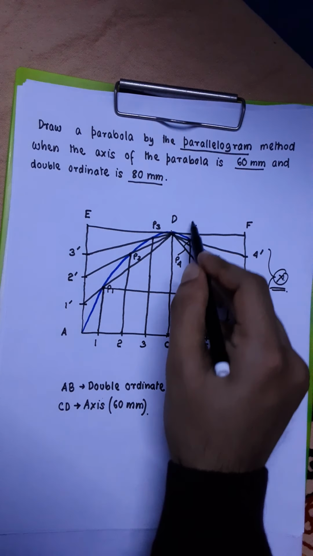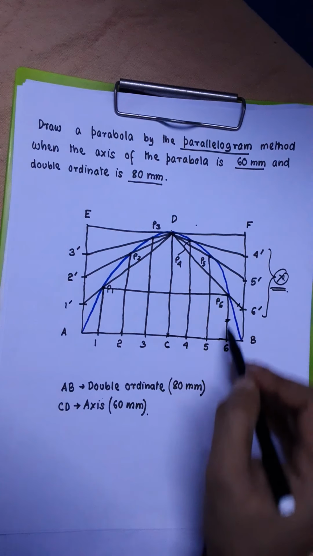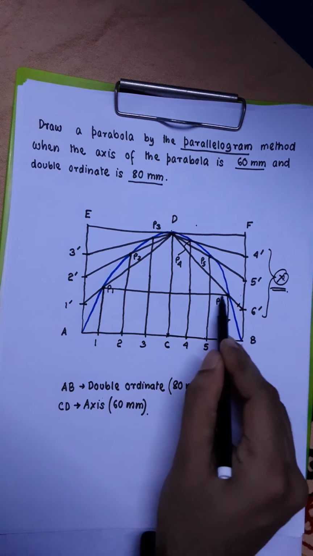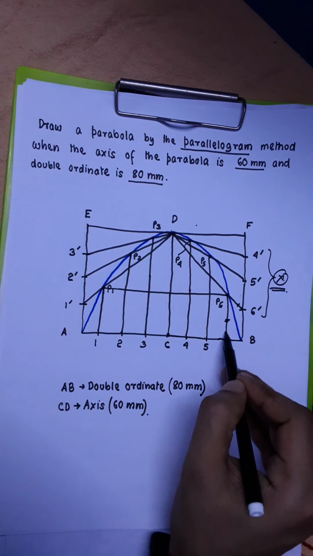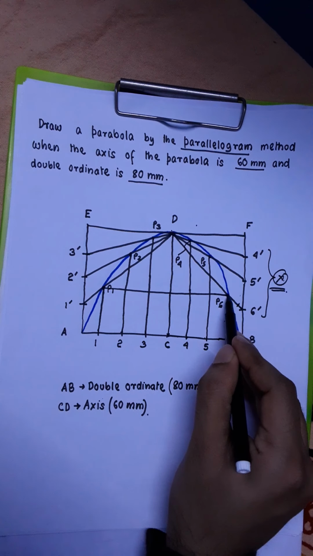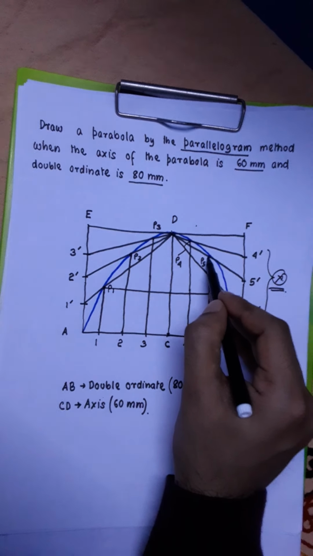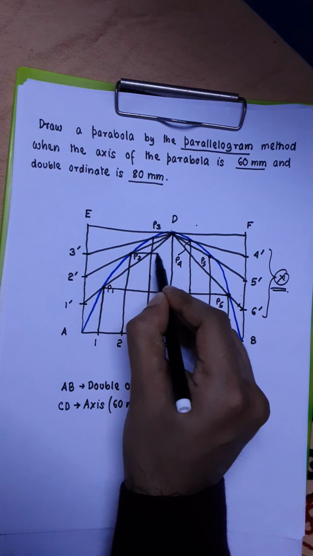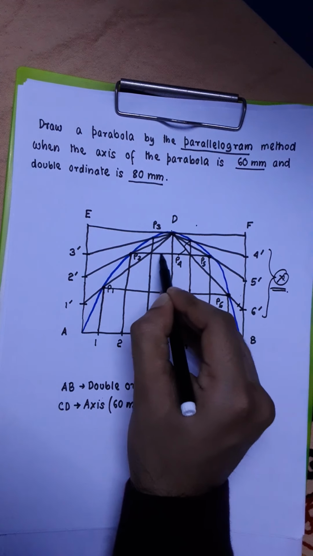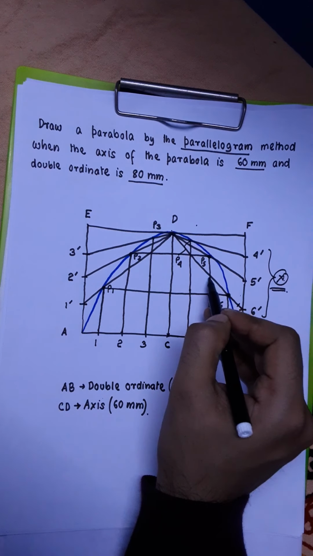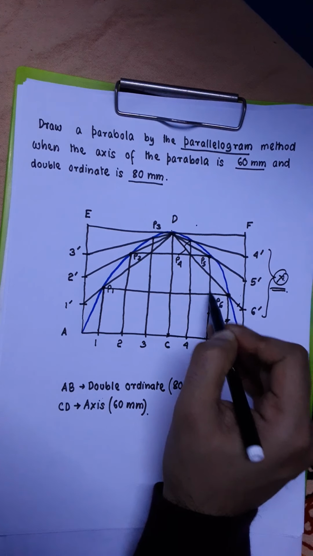From 4 you draw a vertical line. From 5 you draw a vertical line. From 6 you draw a vertical line. From P1, if you draw a horizontal line and extend it up to the vertical line originating from 6, then wherever it intersects that vertical line, that point will be P6. Similarly, P5 can be found out by drawing a horizontal line from the point P2 and making the horizontal line from P2 run up to the vertical line originating from P5.